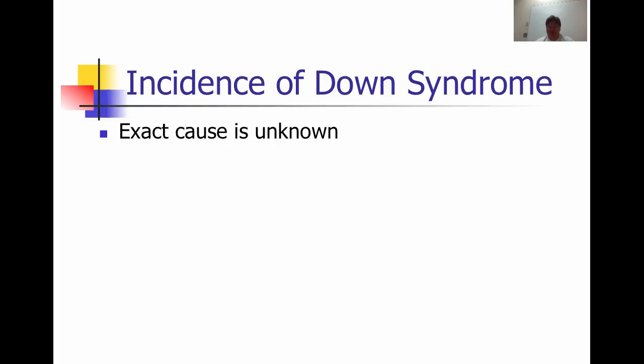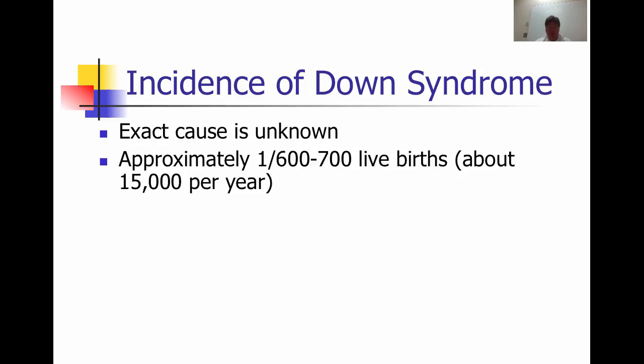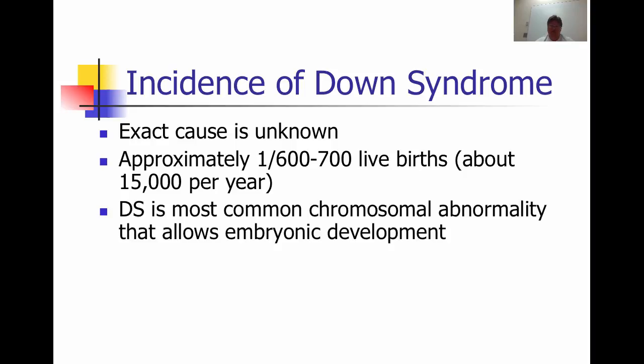So the exact cause of Down syndrome is unknown. There are some factors that we know make people a wee bit more at risk, but the exact cause is still unknown. The incidence is somewhere between 1 in 600 to 1 in 700 live births per year in the United States. It's the most common chromosomal abnormality that allows embryonic development, i.e. the fetus continues developing.